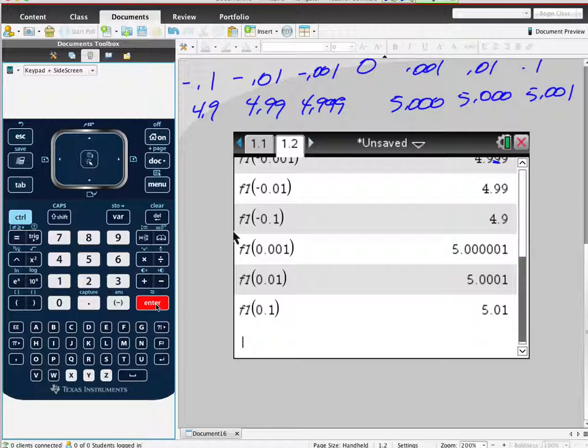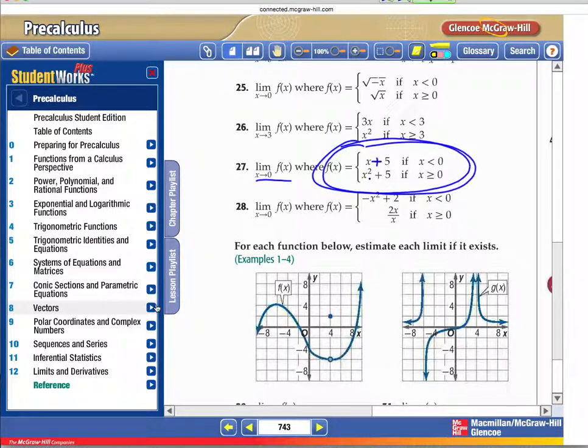So does that verify? Yes. Because from the left, what number does it look like I'm going to? 5. From the right, what number does it look like I'm going to? 5. So that verified. So that means my solution to this problem right here is 5.